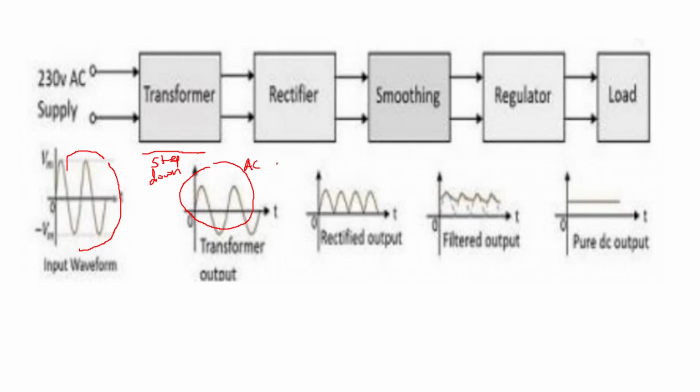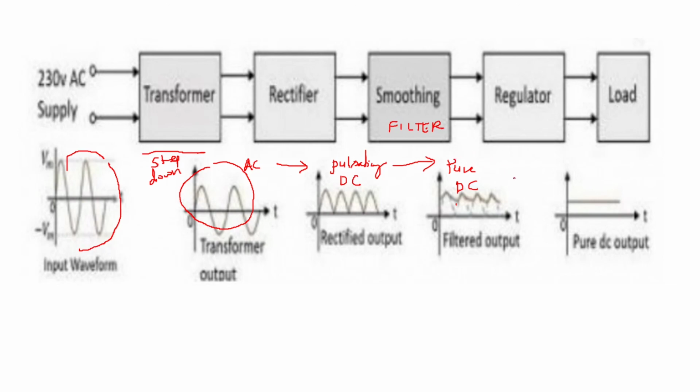Now this AC will be converted by the rectifier into pulsating DC. Then this pulsating DC will be converted to pure DC by the filter circuit, which is also called the smoothing circuit.